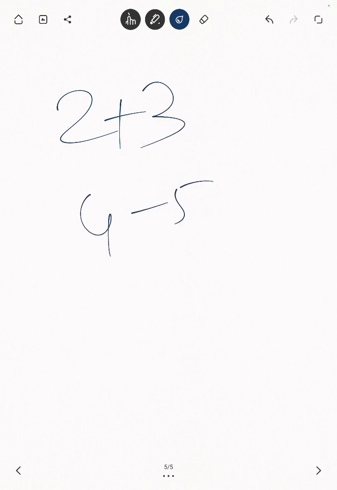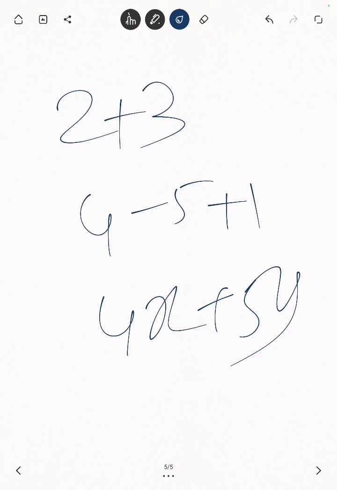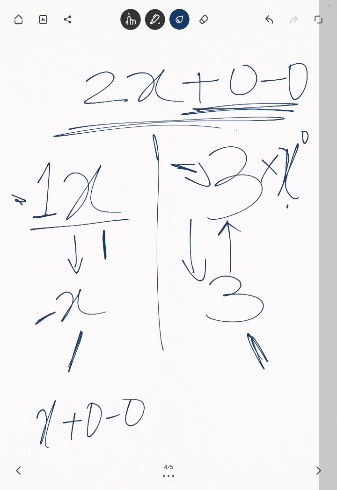In your childhood you were doing things like 2 plus 3, 4 plus 5, 4 minus 5 plus 1. All these things are numerical expressions. In the same way, if you have found x or any variables other than x power 0, then you can call it an algebraic expression.